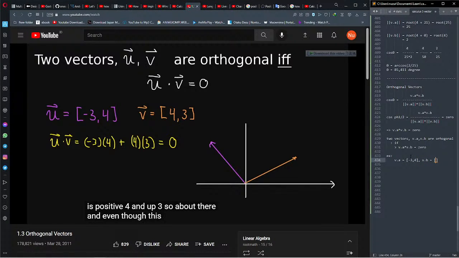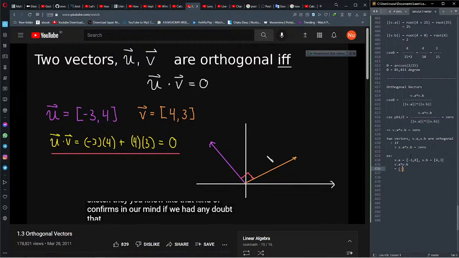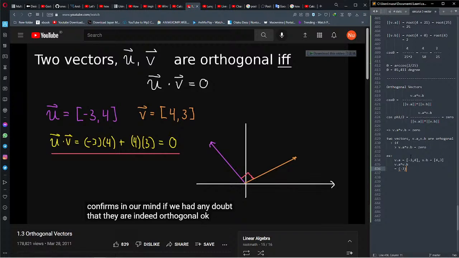And even though this is just a rough sketch, it seems pretty reasonable that these two vectors are orthogonal. That looks to be about 90 degrees in there. And we know for certain, because this dot product is 0, that they are orthogonal. And just by the sketch, that kind of confirms in our mind, if we had any doubt, that they are indeed orthogonal. Okay, so this is the definition of orthogonal.